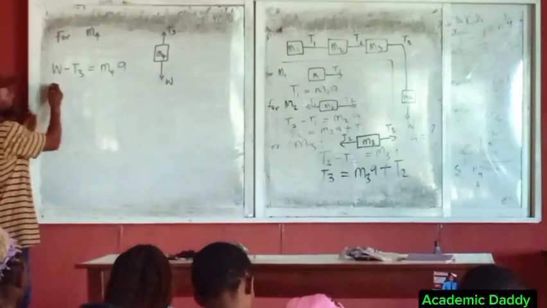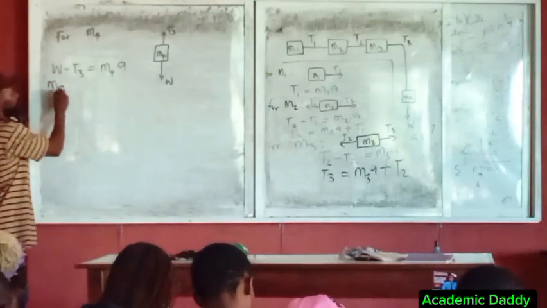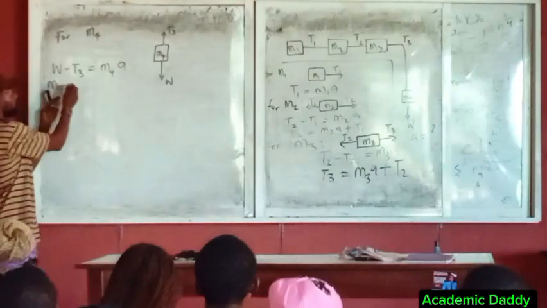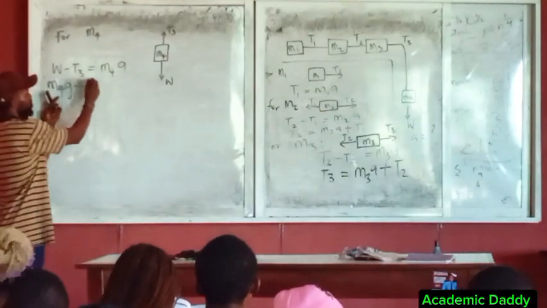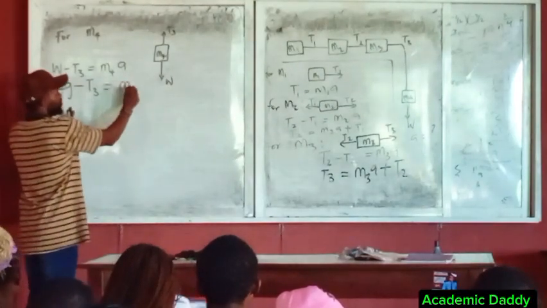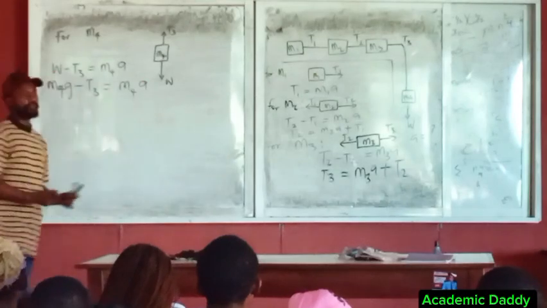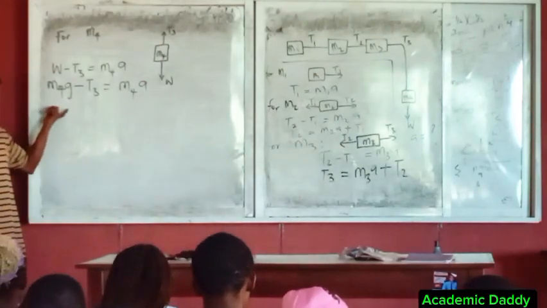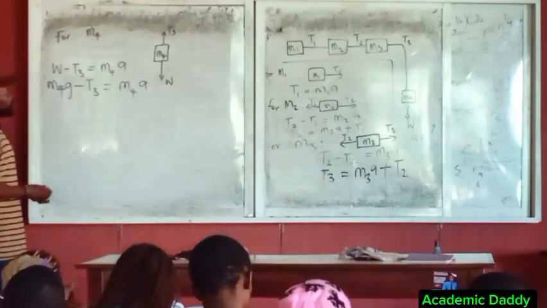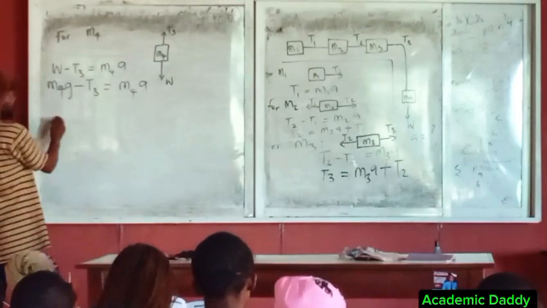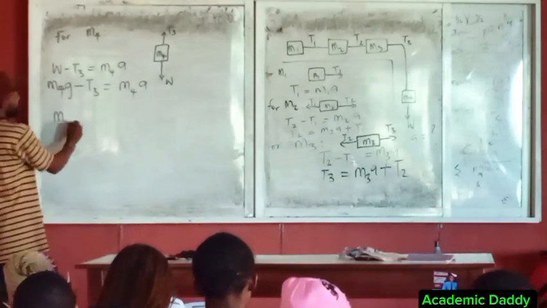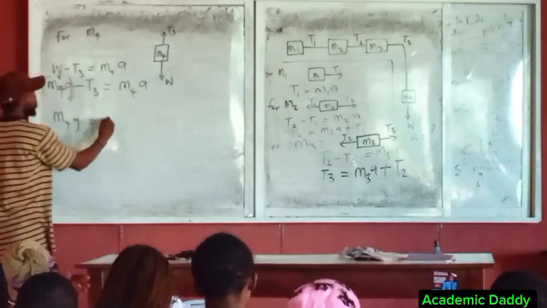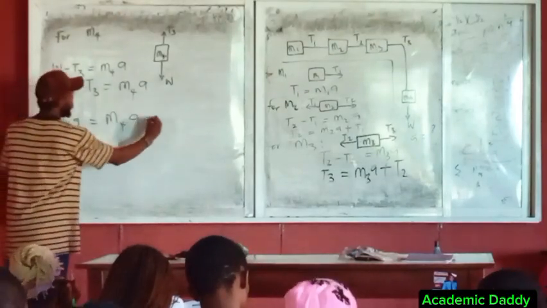Notice this W is the same as mg, and the mass here is simply M4. So M4G minus T3 equals M4A. If I want to make this the subject of the formula, it becomes M4G equals M4A plus T3.